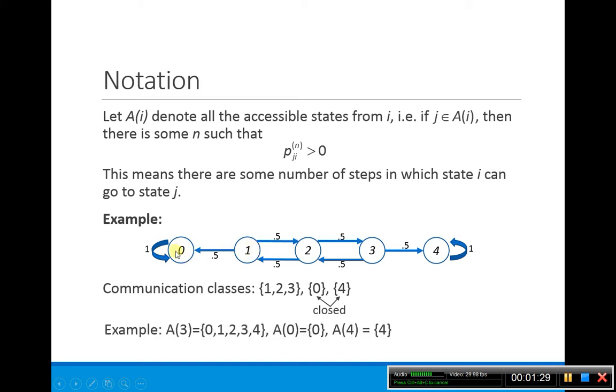If I look at A of 3, what states are accessible from 3? I can get to 4, I can get to 2, I can eventually get to 1, and I can get to 0. So all my states are in A of 3. If I'm in state 0, what's accessible from 0? Only myself. So A of 0 is 0. Similarly, A of 4 is 4.